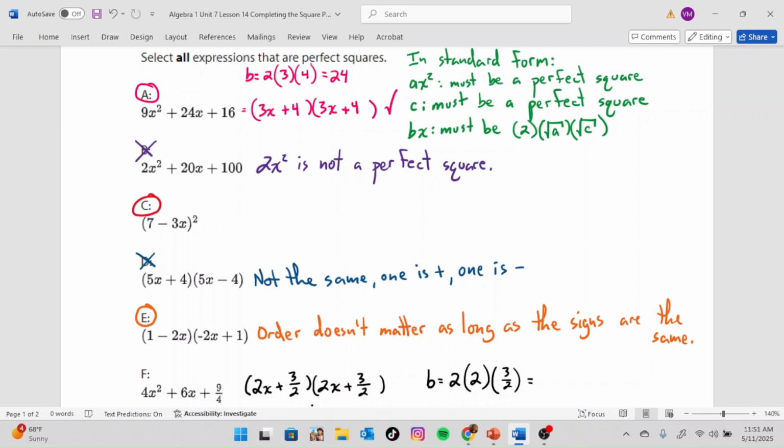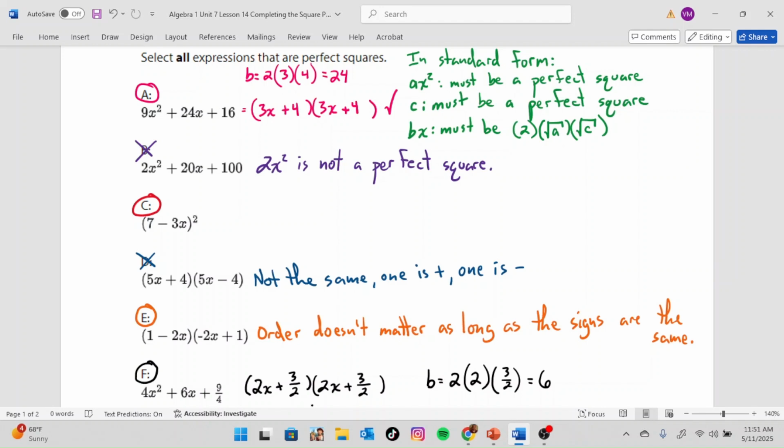So 2 times 2 would be 4. 4 times 3 would be 12. And 12 divided by 2 would be 6. And the b term does equal 6. So that means F is also a perfect square.